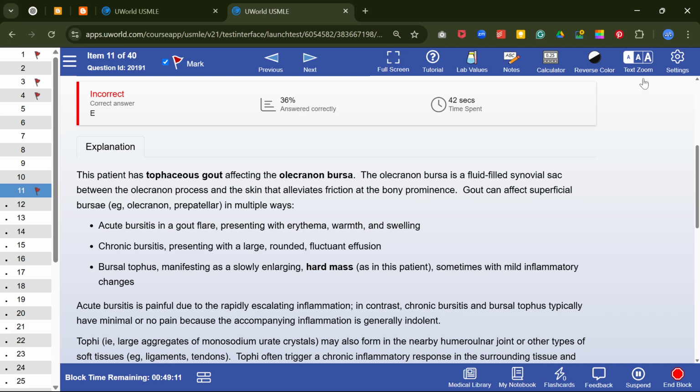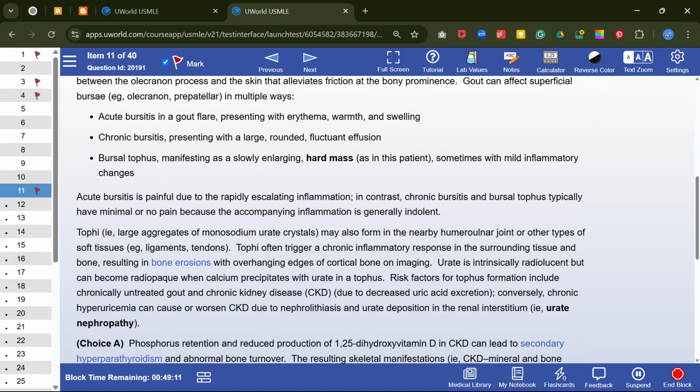Acute bursitis is painful due to rapidly escalating inflammation. In contrast, chronic bursitis and bursal tophus typically have minimal or no pain because the accompanying inflammation is generally indolent.